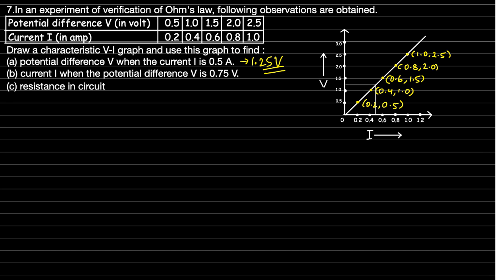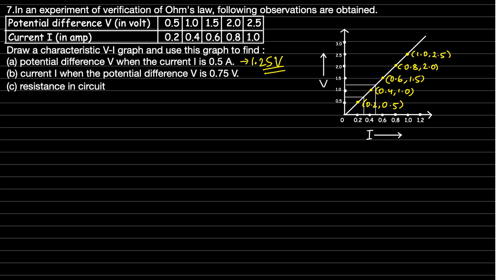Now the next thing, current I when the potential difference V is 0.75 volts. So we need to find the current when potential difference is 0.75 volts. So we will make a line from 0.75 again. So as we can see, 0.75 will be exactly in between 0.5 and 1.0. So here we draw a line and we straight away come down.